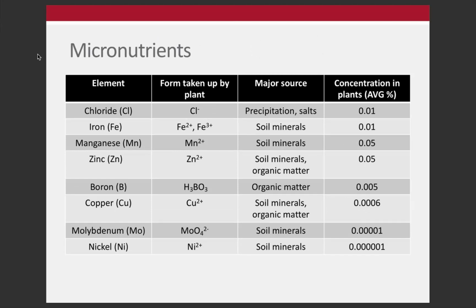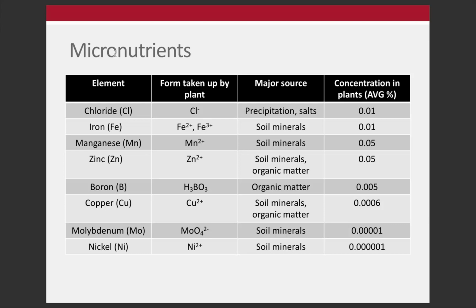In terms of the elements, nearly all of them exist in ionic forms, and that is the form in which they're taken up by the plant. We can see in terms of the major source: precipitation, salt, soil minerals, soil organic matter, so they can come from a number of sources.